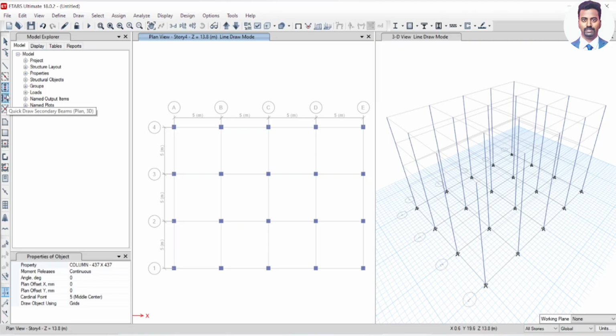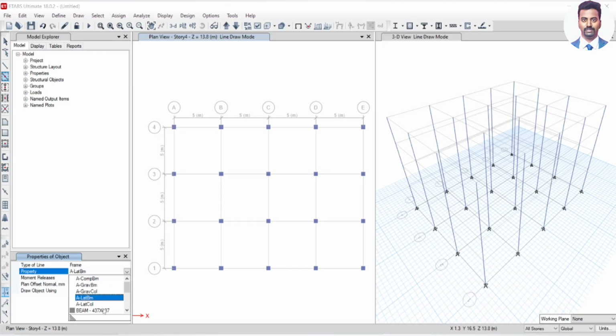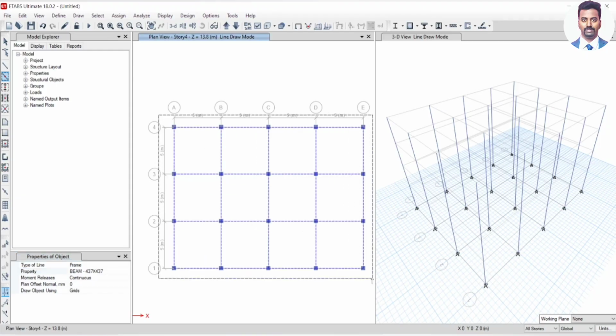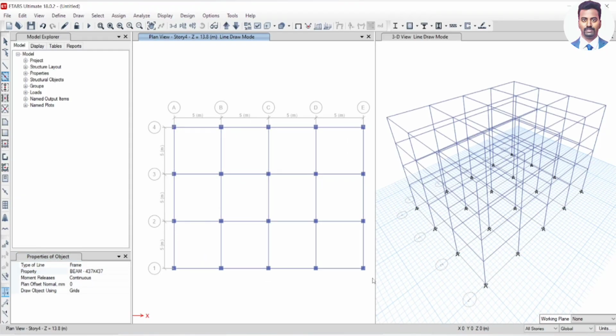Similarly, the beam. And for all the floors, the beam has been assigned.